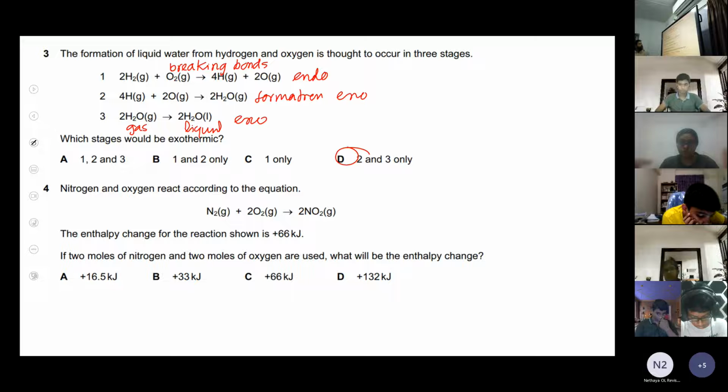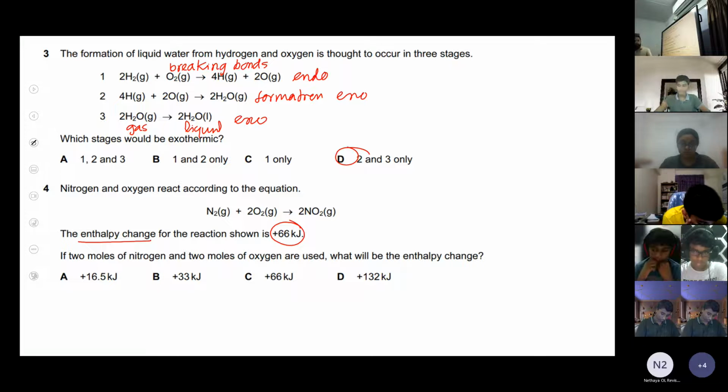The enthalpy change for this reaction. They say enthalpy change, but they give only 66 kilojoules. Remember, when they say enthalpy change, it is for a mole of the reaction, or for a mole of a reactant. So this 66 kilojoules is when 1 mole of nitrogen reacts with 2 moles of oxygen to give 2 moles of NO2.